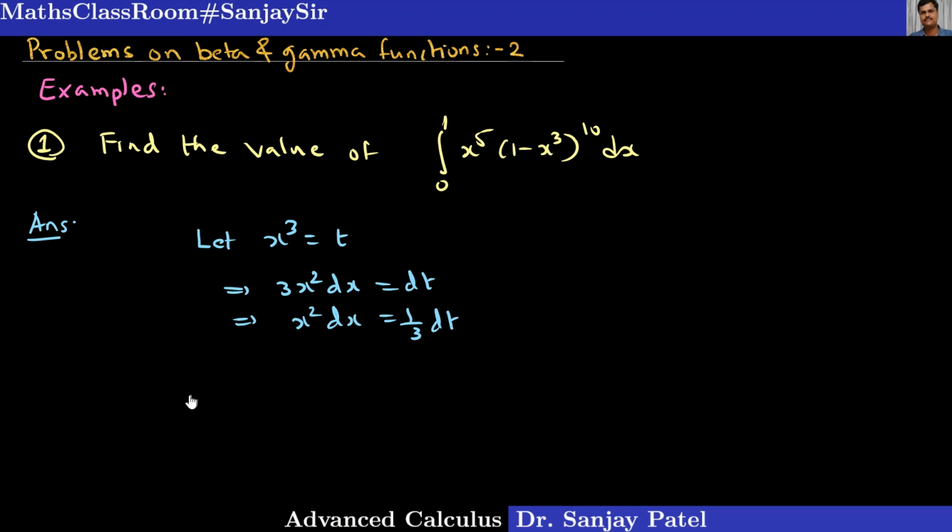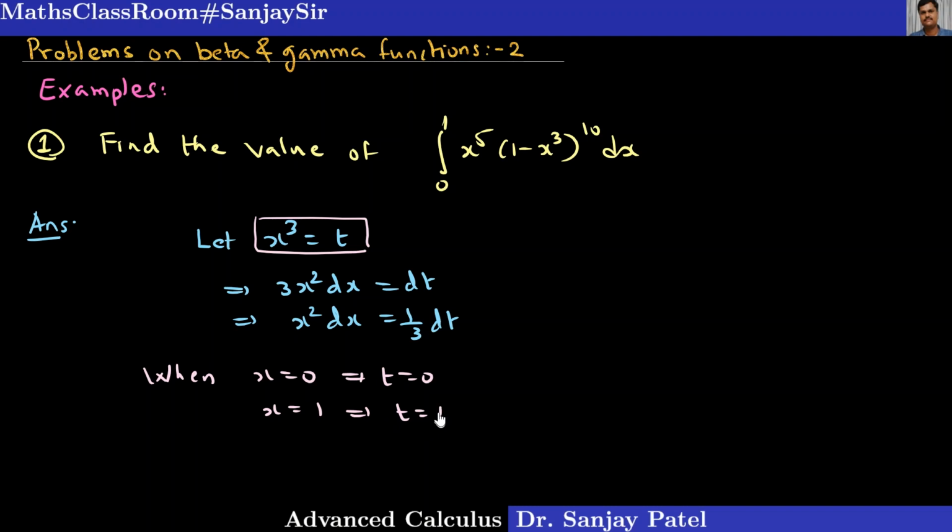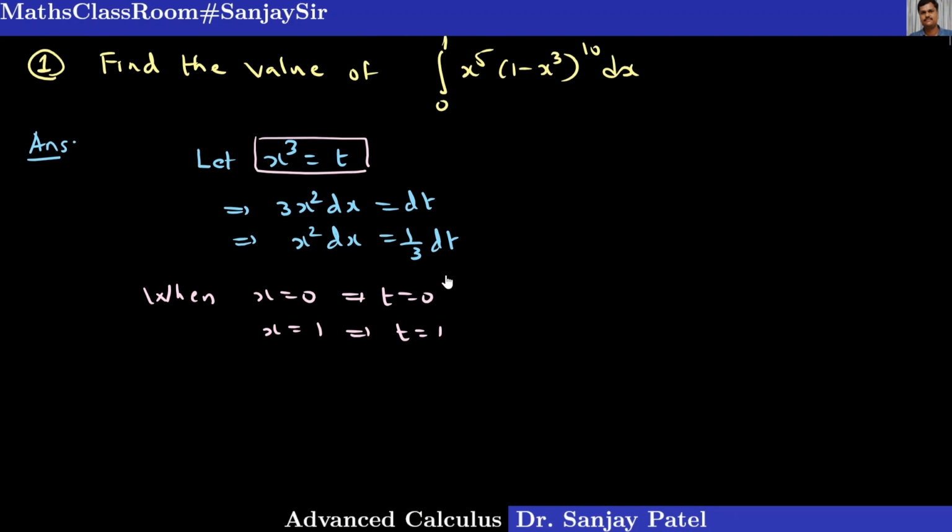Also when x is equal to 0, t is equal to 0, which is obvious from the given relation. This is our main substitution: x cube is equal to t, and when x is equal to 1, we have t is equal to 1. So putting these values in this integral, let me write down again.